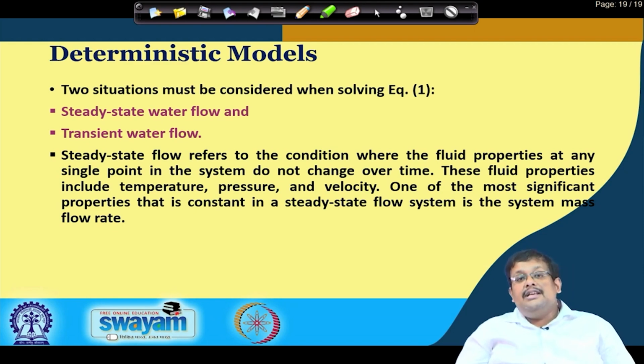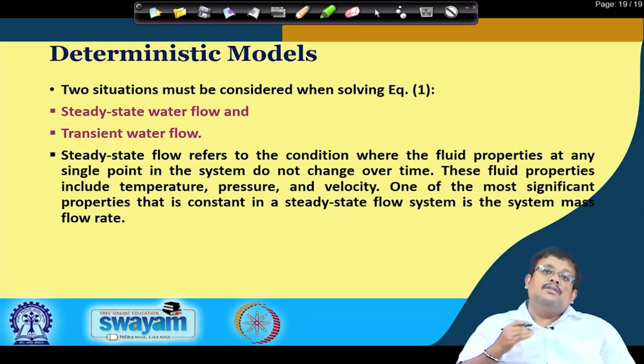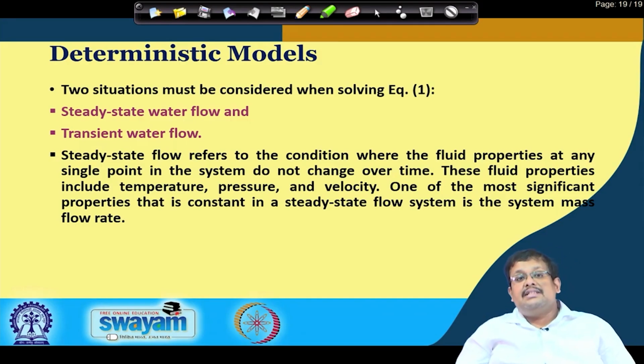refers to the condition where the fluid properties at any single point in the system do not change over time. It is steady in nature. So, again, steady state flow refers to the condition where the fluid properties at any single point in the system do not change over time, and these fluid properties include temperature, pressure and velocity.